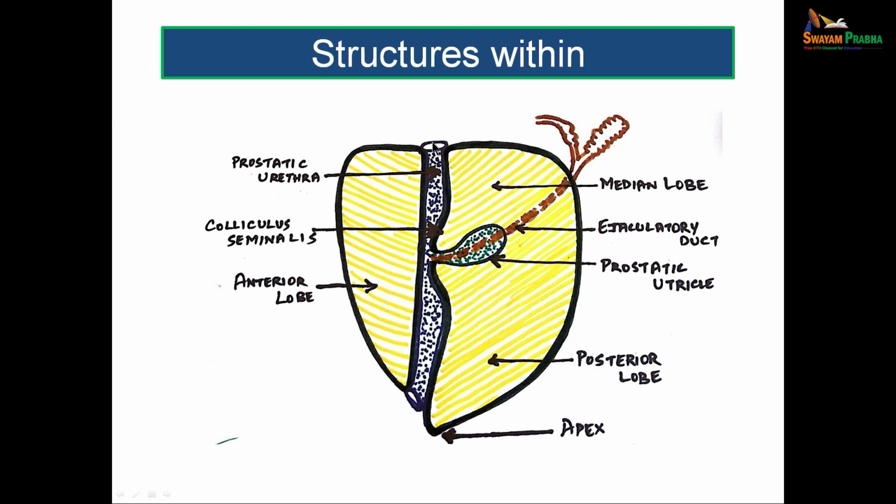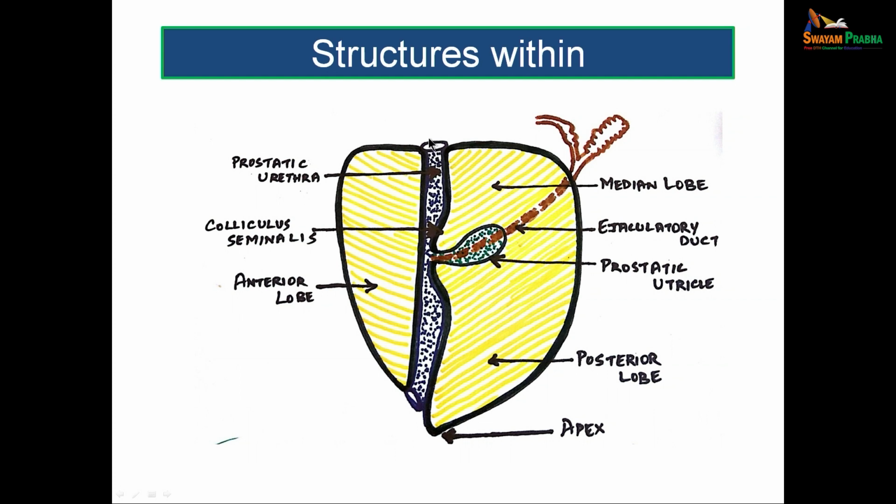It enters the gland at the base as a continuation of the internal urethral orifice from the urinary bladder. It becomes continuous with the prostatic urethra, and this junction part is called the pre-prostatic urethra.